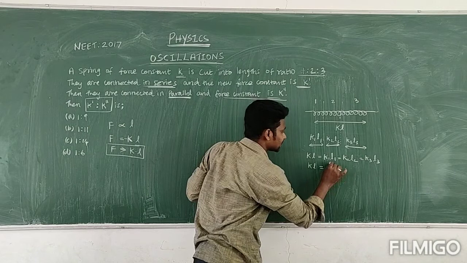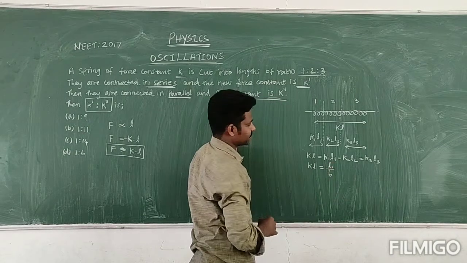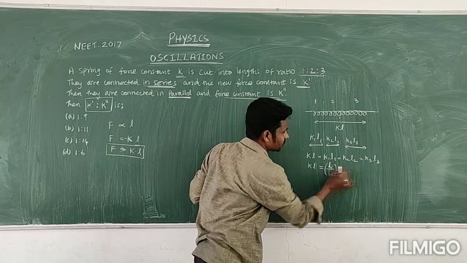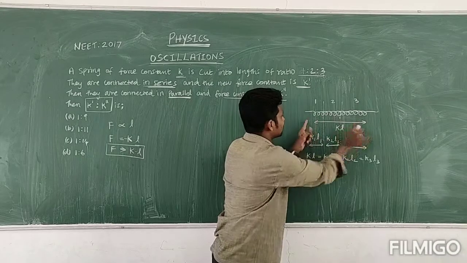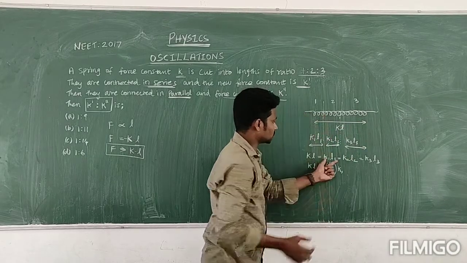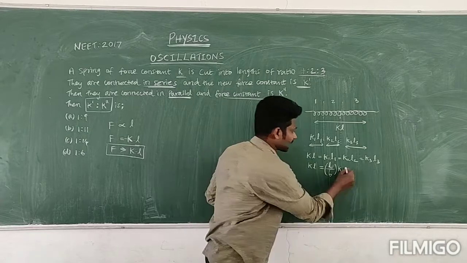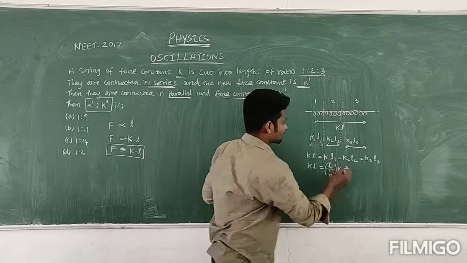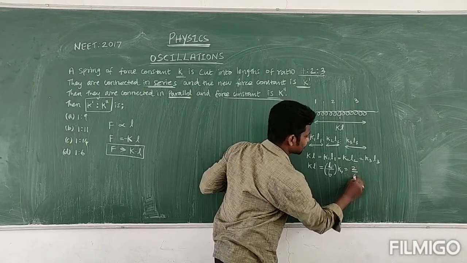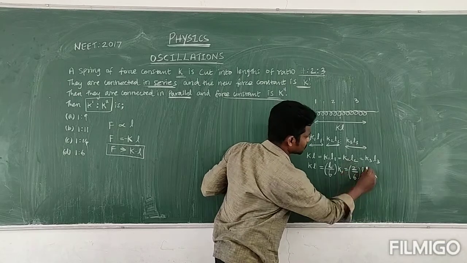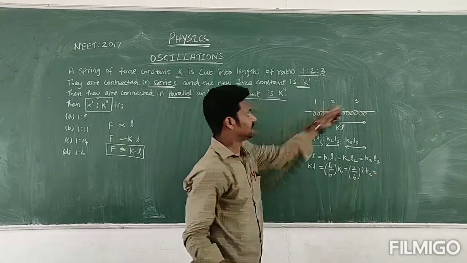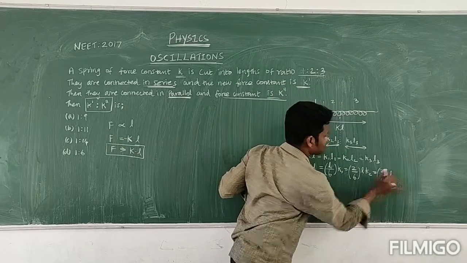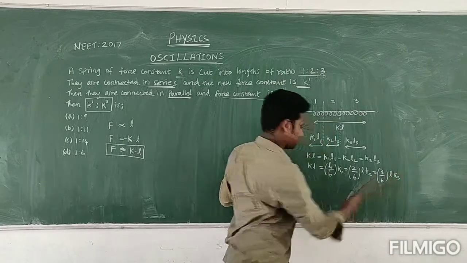So we can write L divided by 6, into K1. Like that, the second L2 is 2 pieces, that means 2/6 of L, into K2. The third one is 3 parts, so 3 divided by 6 of L, into K3.